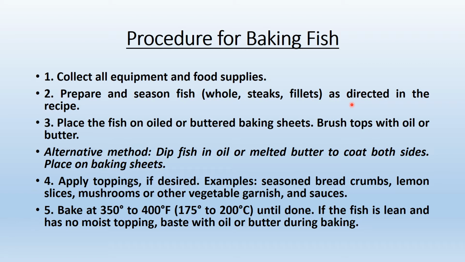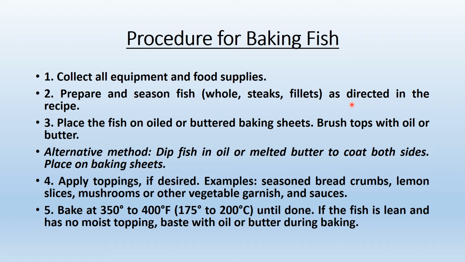You can put tomatoes, garlic. As I mentioned to you, I am just giving you the theory, and you're going to be adding your personal taste. And of course, you can also add some sauce. That's up to you. And point number 5, bake it at 350 to 400 degrees Fahrenheit until done.